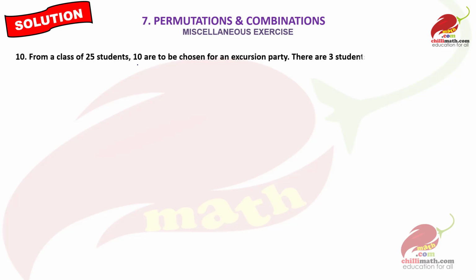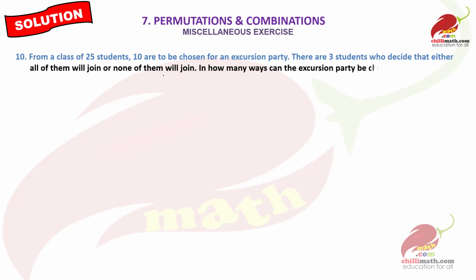10th question is, from a class of 25 students, 10 are to be chosen for an excursion party. There are 3 students who decide that either all of them will join or none of them will join. In how many ways can the excursion party be chosen? Okay, so there are 2 cases.